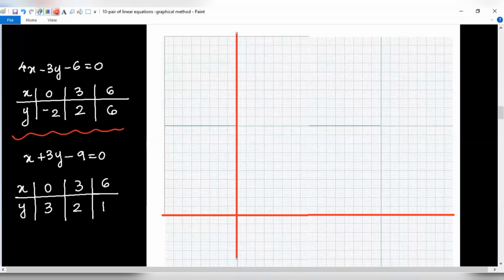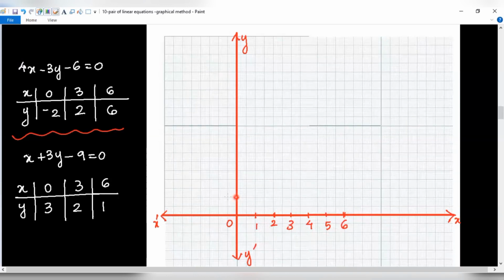Okay, so this is x, x bar, y, y bar. This is our origin. Now, only up to 6. See, the maximum value for x and y is 6. So let us take like this. This is 1, 2, then 3, 4, 5, 6. Because not that much big values are there. That is why we chose like this.